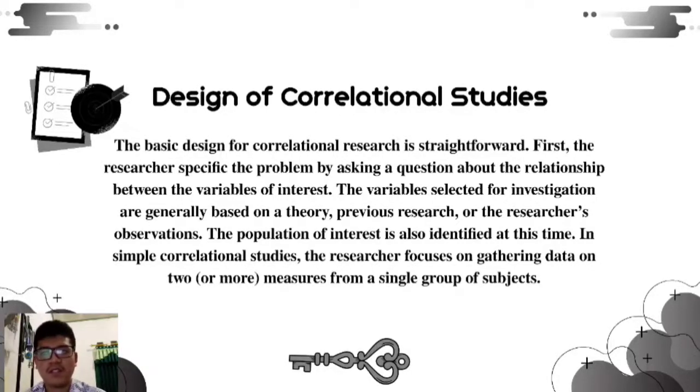The variables selected for investigation are generally based on theory, previous research, or researchers' observation. The population of interest is also identified at this time. In a simple correlational study, the researcher focuses on gathering data on two or more measures from a single group of subjects.